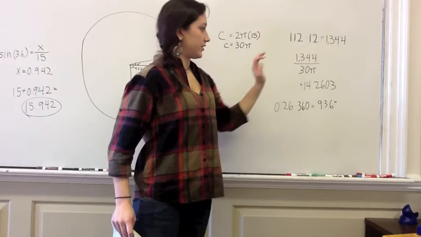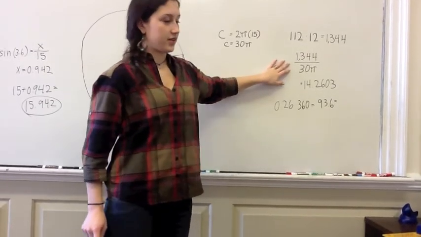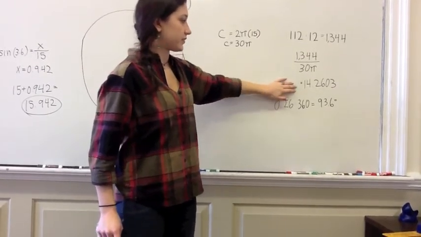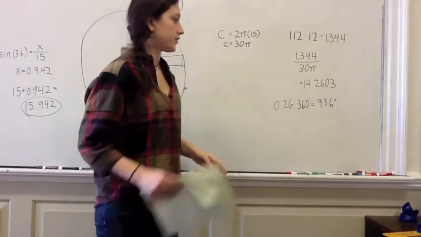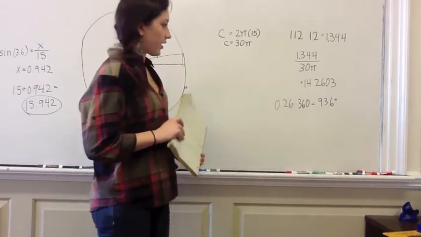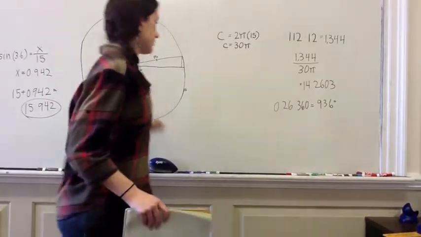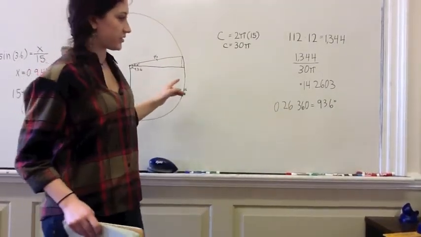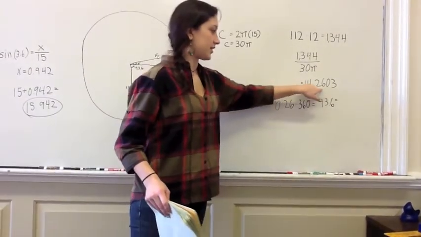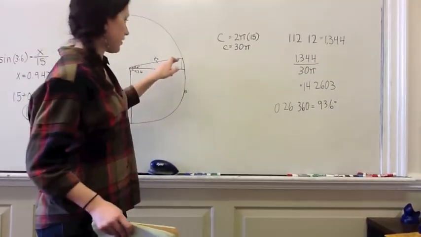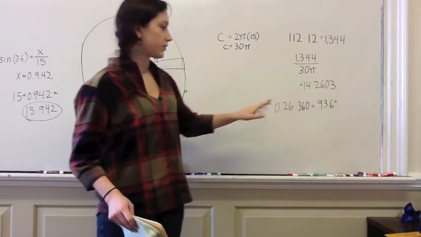Then our total number of inches divided by the circumference of the wheel, we get 14.2603, and the only important part of that is the decimal at the end, because it makes 14 total rotations, and that is the distance that the gum has traveled on its last rotation.